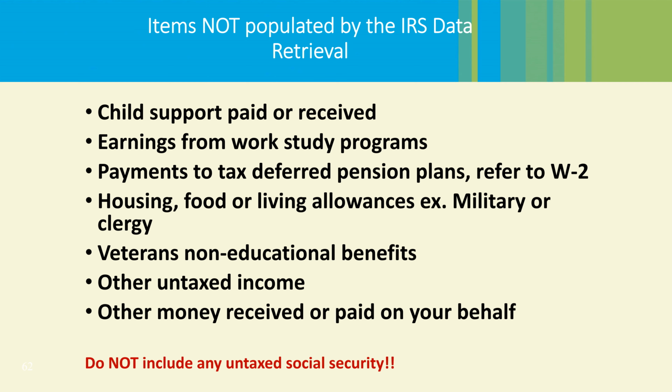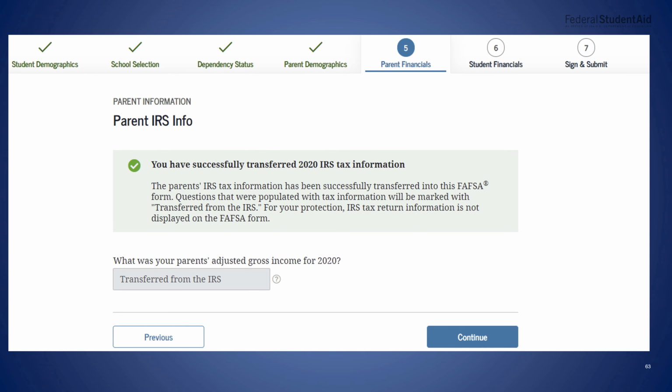Just a note here, do not include any untaxed Social Security. If you receive Social Security and it is not taxed by the IRS, then it is also not listed on the FAFSA.